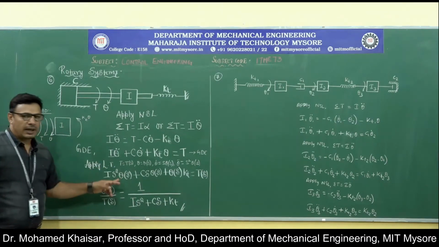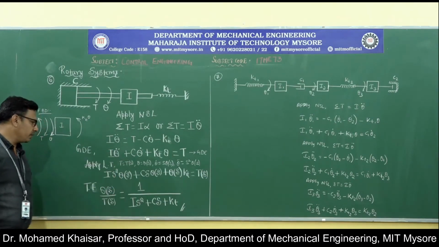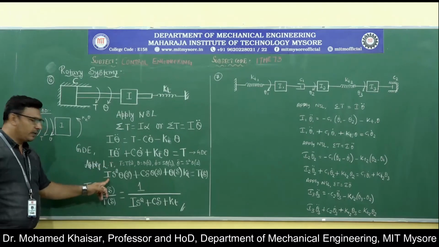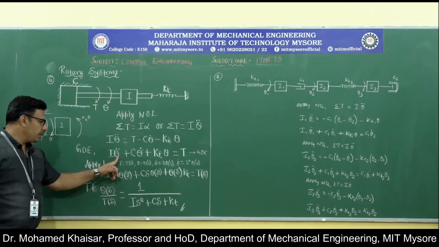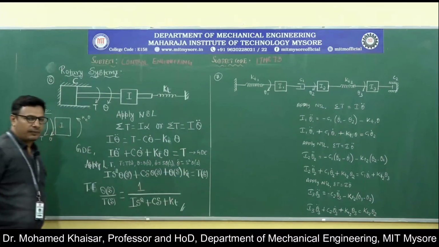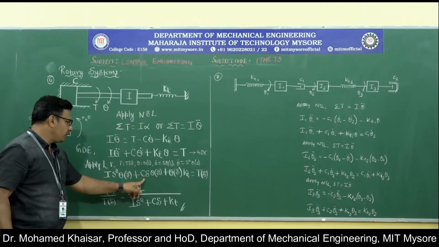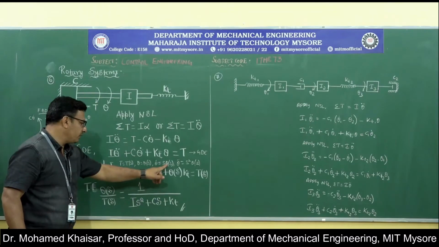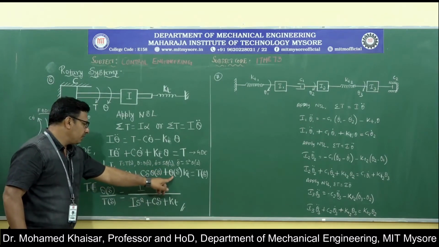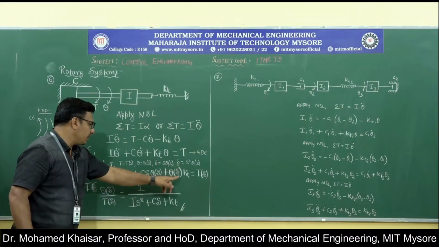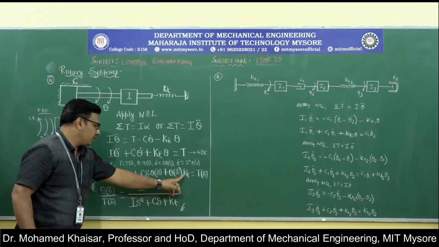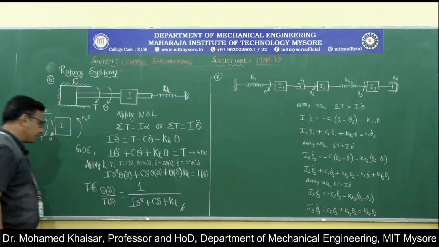Now if you substitute into the governing differential equation, I stays as it is, theta double dot becomes s square into theta of s. Likewise, C as it is, theta dot is written as s into theta of s, and then kT into theta is written as kT theta of s, equal to T of s.